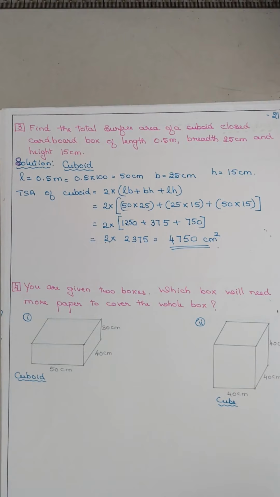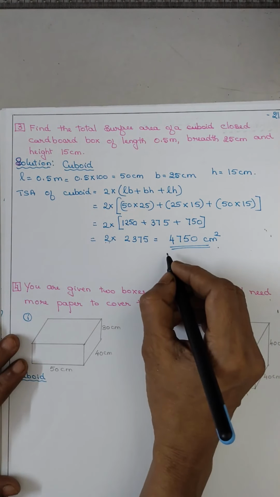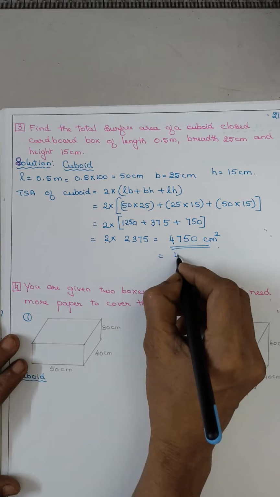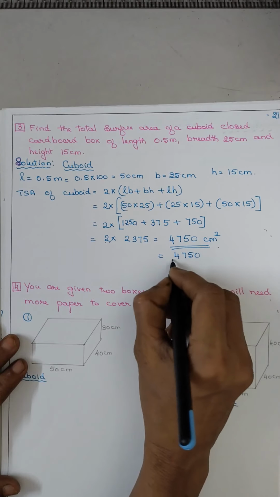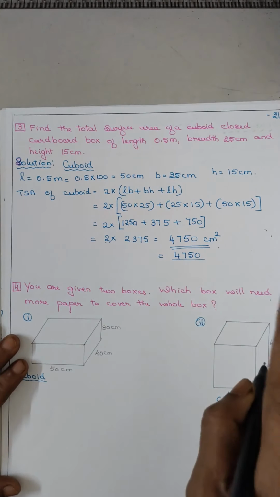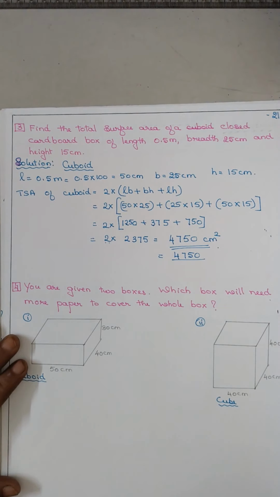Now in case if they ask to convert into meter square, centimeter square into meter square, then you have to divide this 4750 by, see 1 meter is equal to 100 centimeter. 100 में 2 0 है, मीटर स्क्वायर सेंटीमीटर स्क्वायर, तो तभी 4 zeros you have to take.